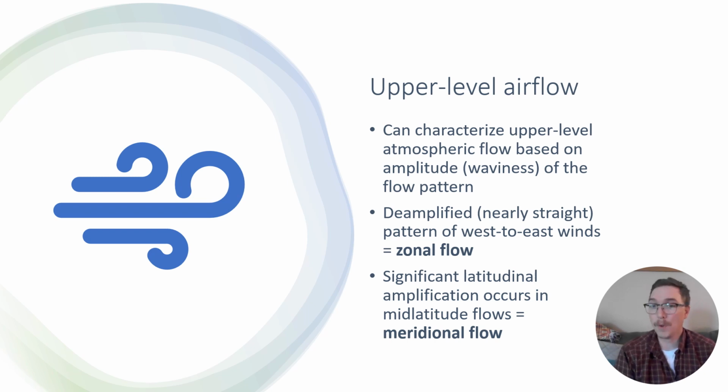Those with significant latitudinal amplification or waviness in mid-latitude flows are what we call meridional winds. We're going to see what each of those look like in a couple examples in the next couple of slides.